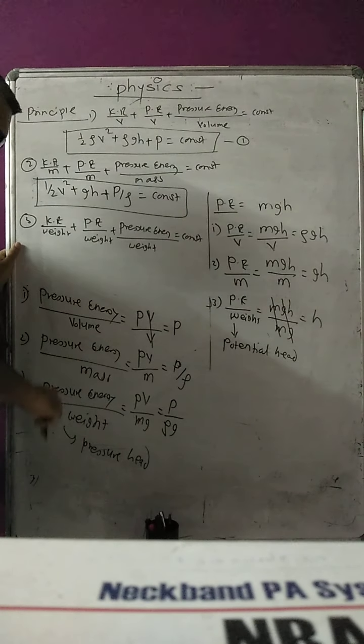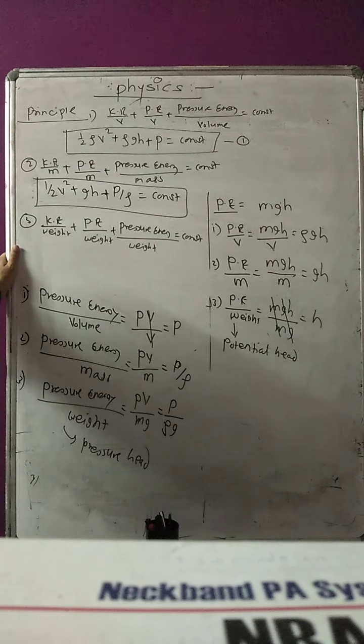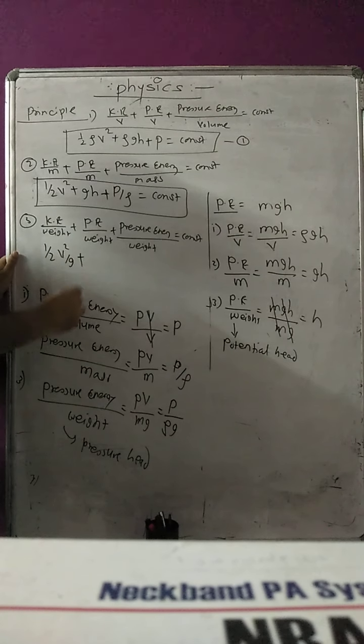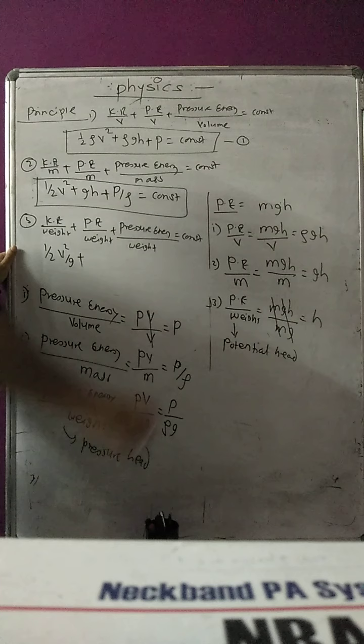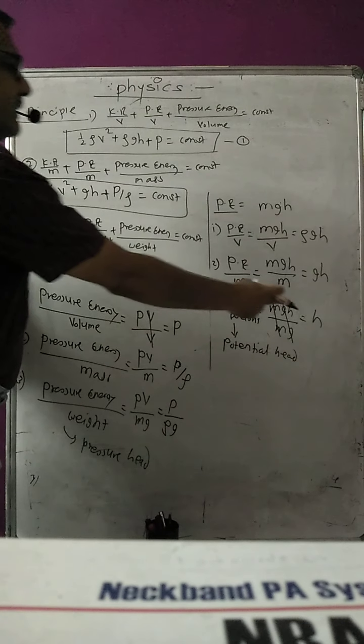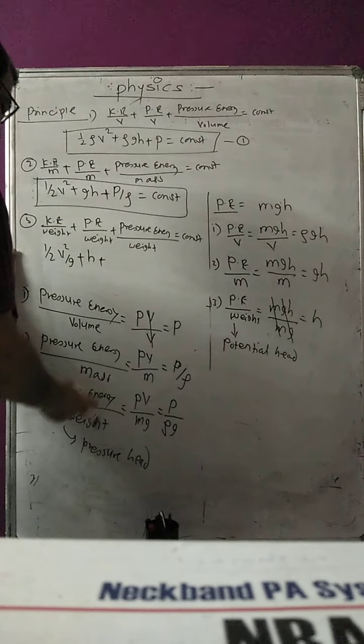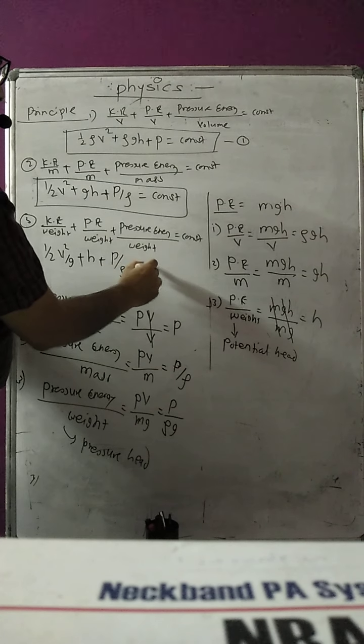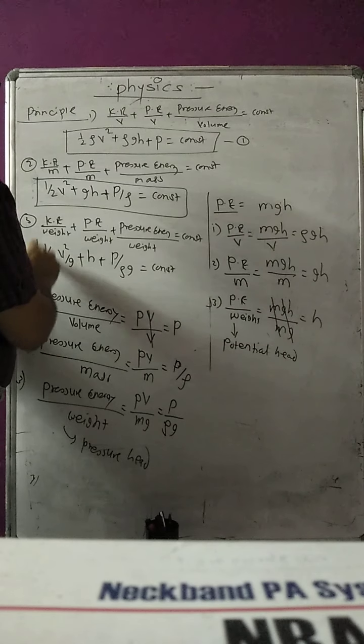So from that you have calculated kinetic energy per unit weight. Okay, so that formula will be 1/2 V square by G, plus potential energy per unit weight, that is the height H, plus pressure energy per unit weight, P upon rho into G, that is equal to constant.